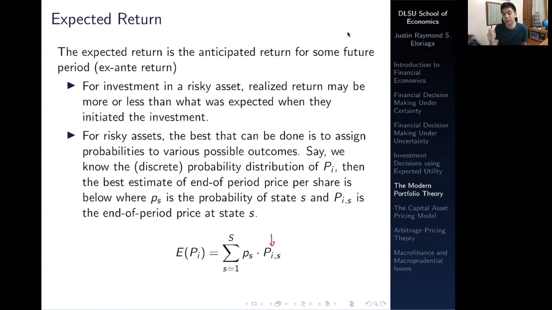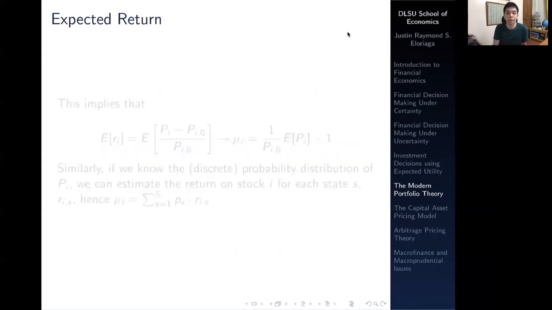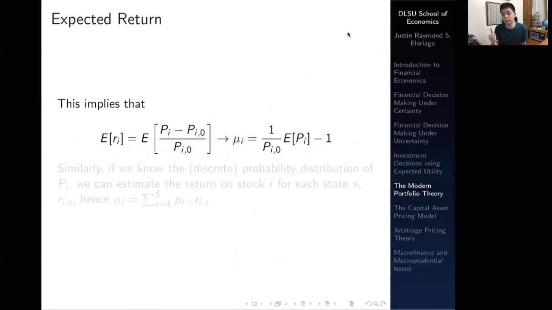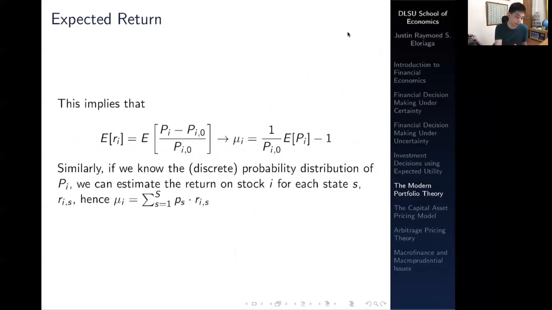So it's the expected price times the probability of that price occurring, and we sum it all up. If you rearrange the formula, you can derive the expected return, that mu I there, which is just 1 over PI naught times the expected value of PI, minus 1.